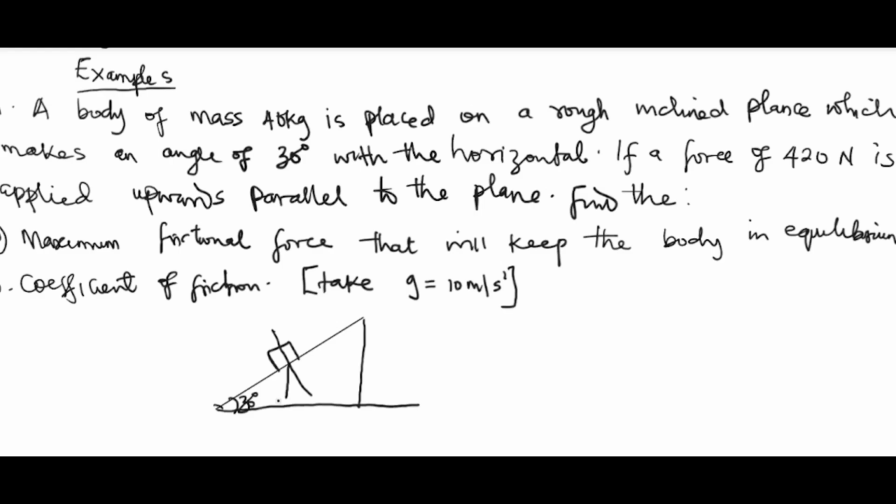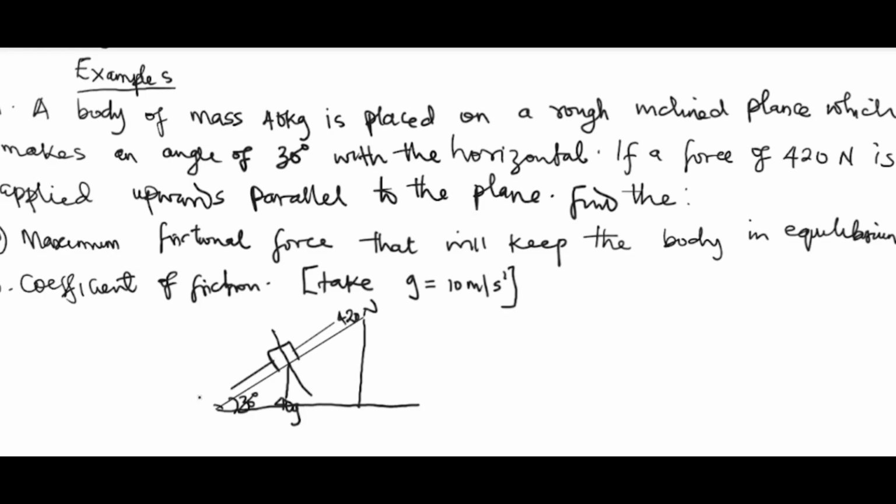So here we have a mass of 40 kg. So we have 40 g. This g here stands for the force of gravity. That's 10 meters per second squared, right? Okay. So we were told that a force of 420 Newton is applied upwards. That's the pull. 420 Newton.